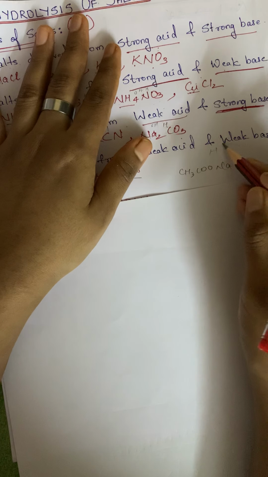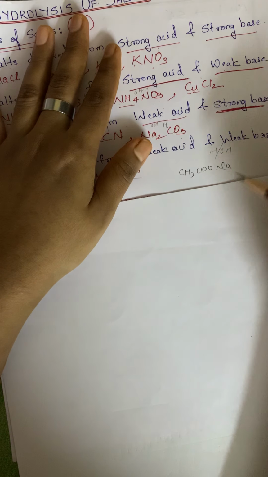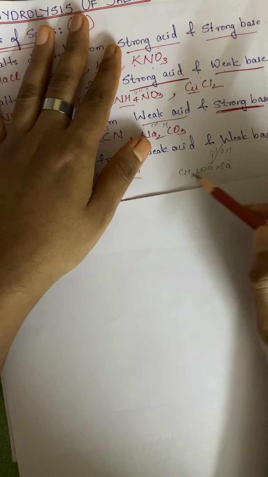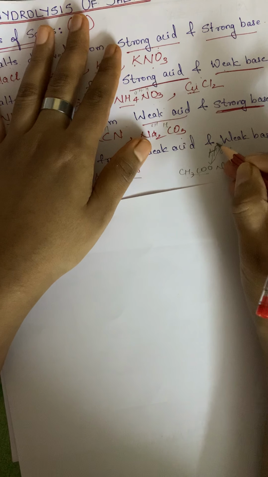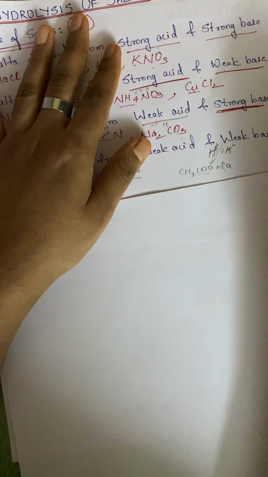I just have to add H and OH. H cannot go with Na, so H will go with the acetate, so it becomes CH3COOH, acetic acid, and it becomes NaOH. So this is a salt derived from a strong base and a weak acid. Hopefully it is understood nicely, H plus and OH minus.